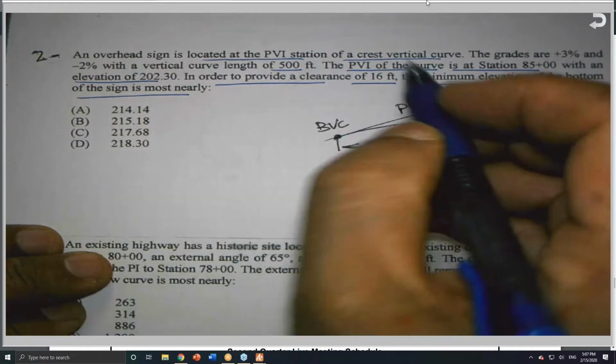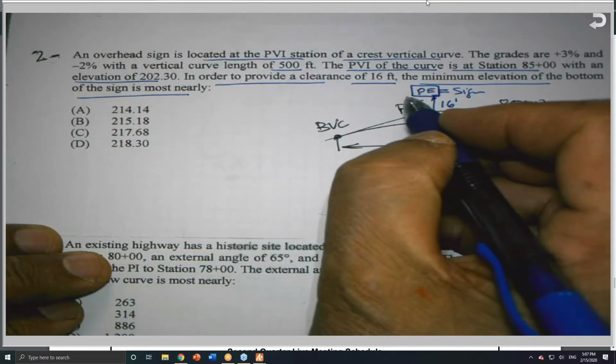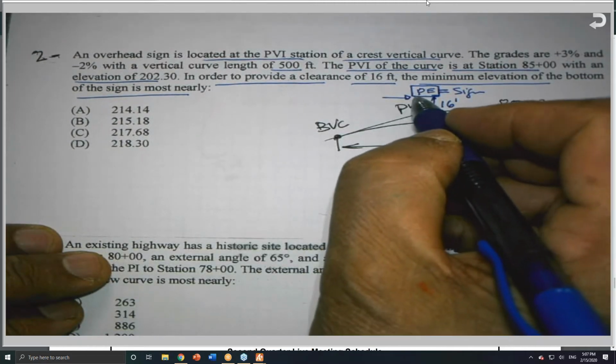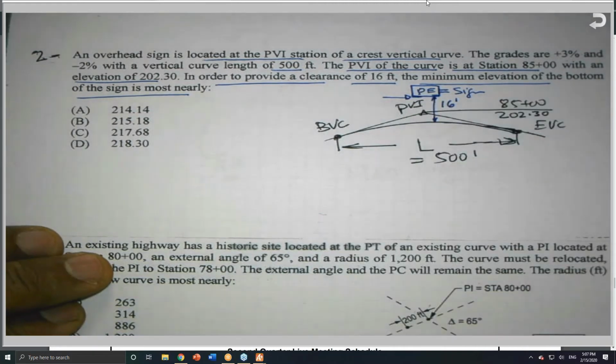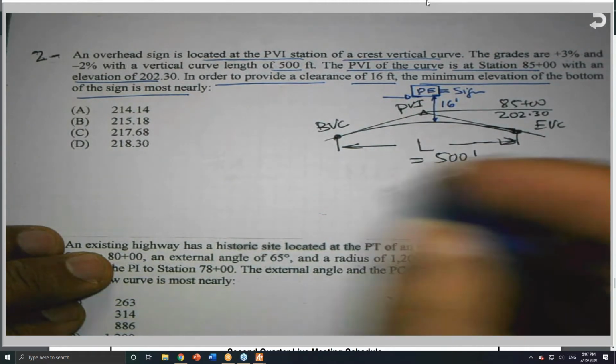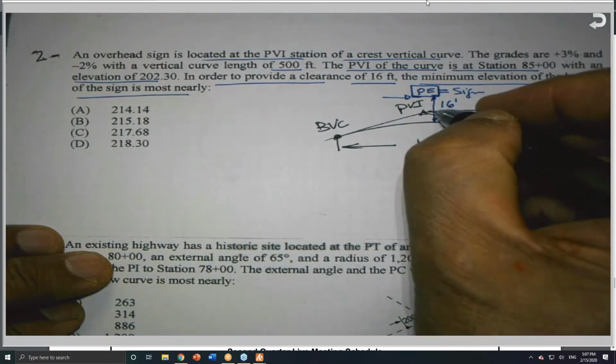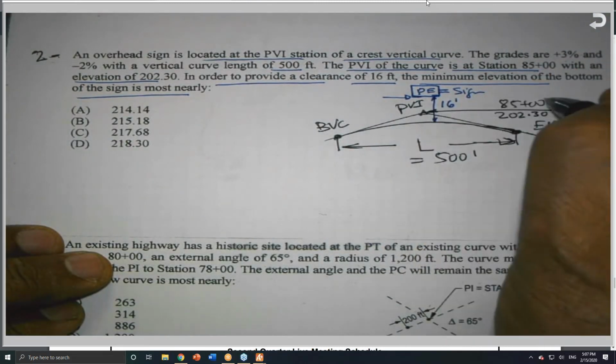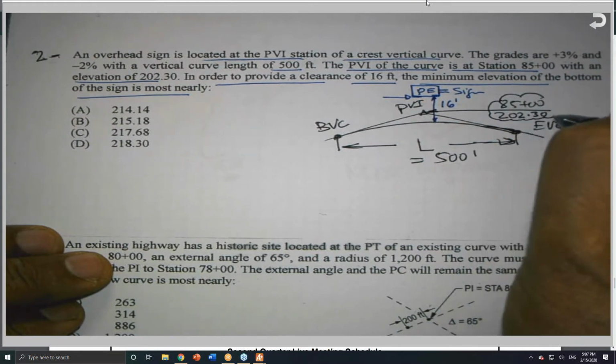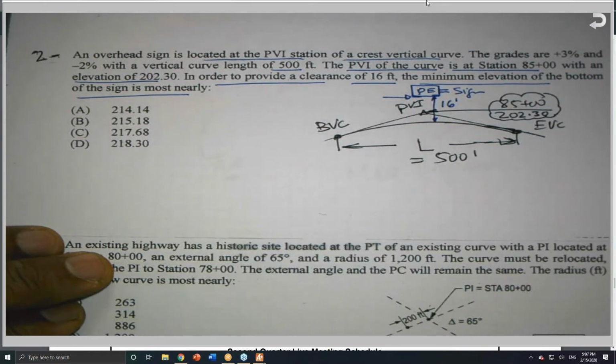So what is the elevation of the bottom of the sign? The elevation of the bottom of the sign is what he's looking for, knowing the station and the elevation of the vertex. This is the vertex here, or the PVI. Do you see the picture?